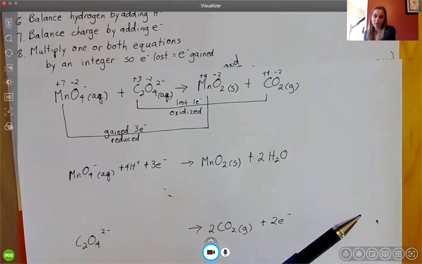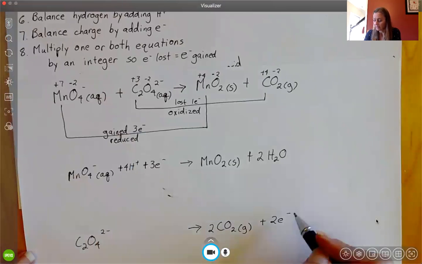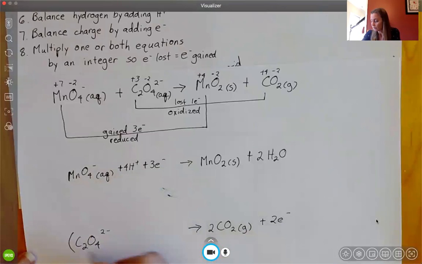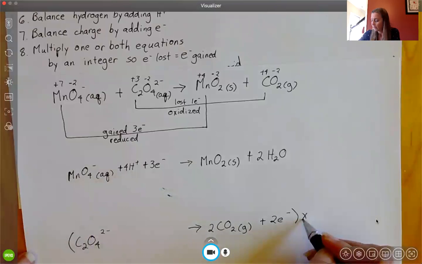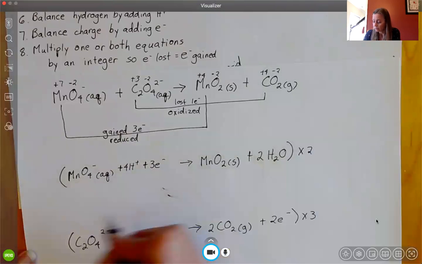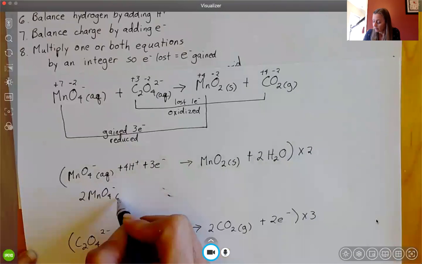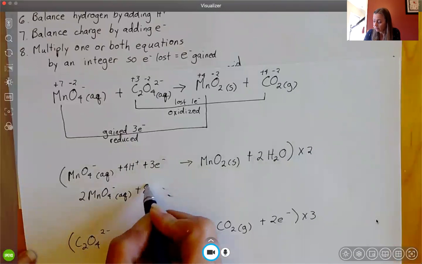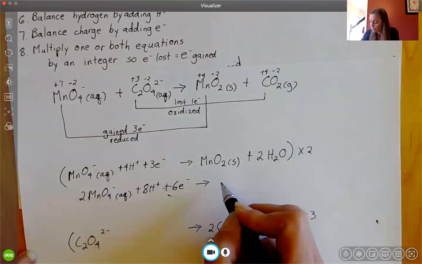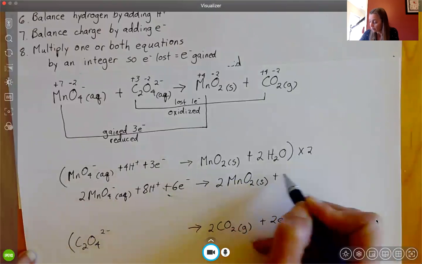Now we're going to multiply one or both equations by an integer so that electrons lost equal electrons gained. I have 3 electrons here, 2 electrons here. So I need to multiply this by 3. And I'm going to multiply this one by 2. And so we're going to have 2 permanganate ions and 8 hydrogen ions and 6 electrons, forming 2 manganese 4 oxide and 4 water.